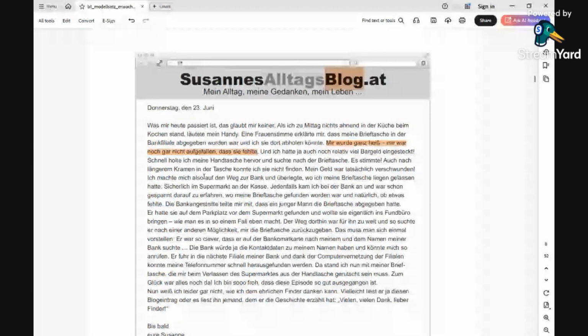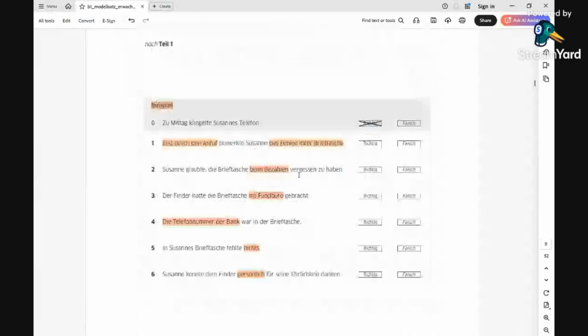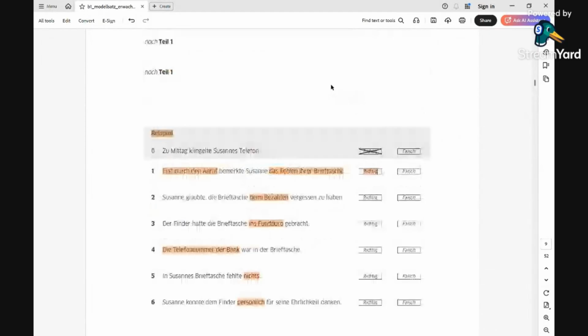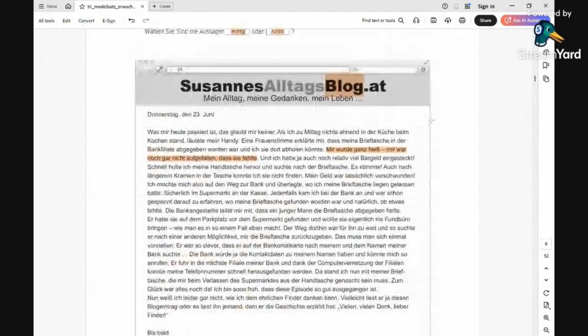So this sentence confirms our first question. Erst durch den Anruf bemerkte Susanne das Fehlen ihrer Brieftasche. Richtig. It is through the call that she noticed for the first time that her purse was missing. And this is through this sentence. So we are going to go to number 2.